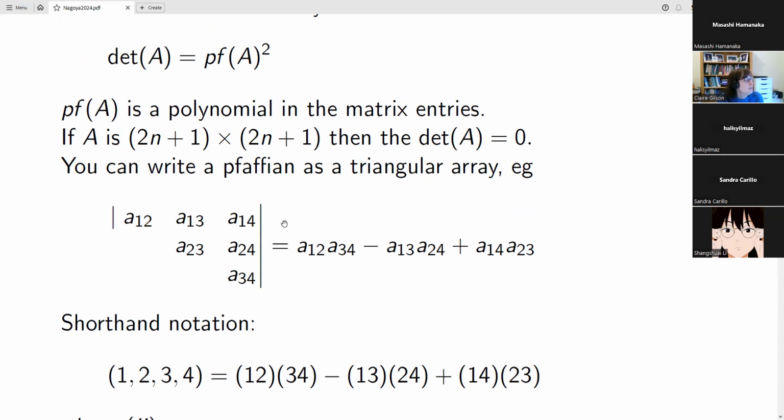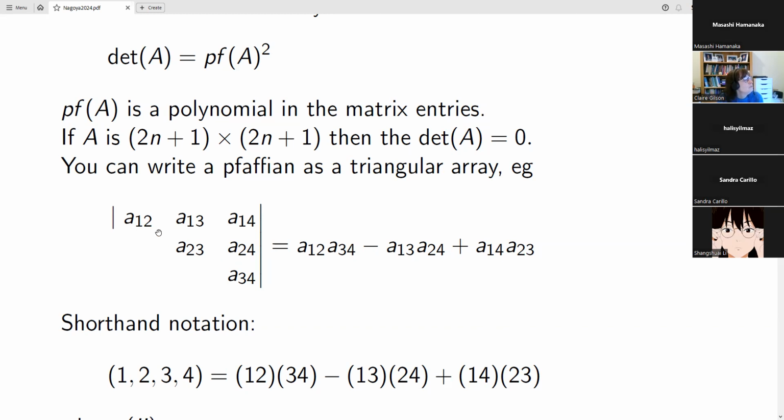So you basically expand about the first row, and there's no difference between rows and columns in a Pfaffian. The first row is basically going across the top where you've got A12, A13, A14. The second row is you start above the A2, you come down, it's A12, turn a corner when you've got a gap, A23, A24.